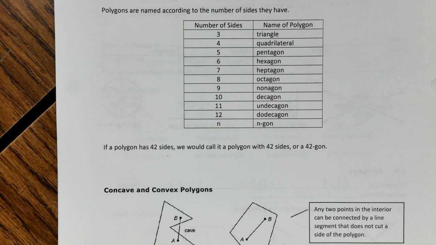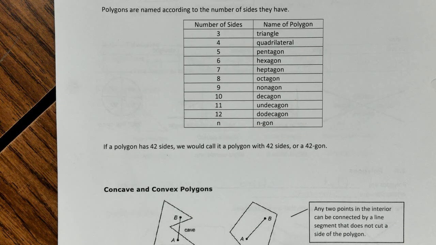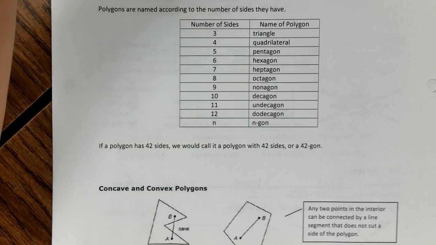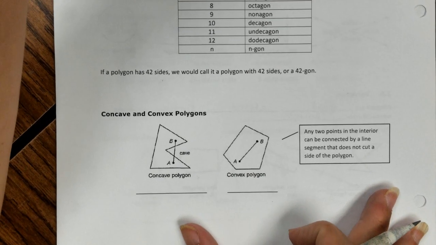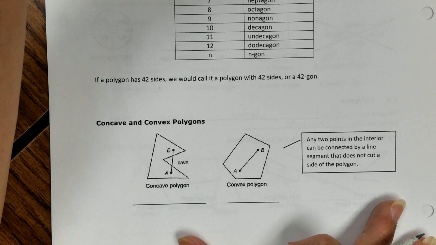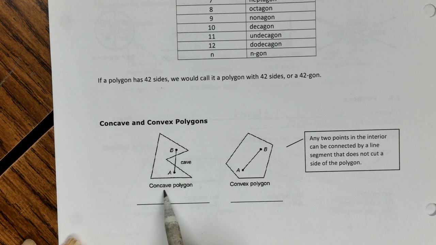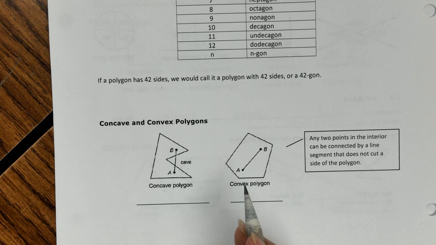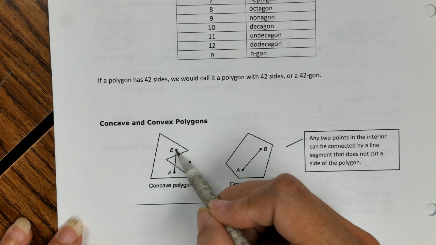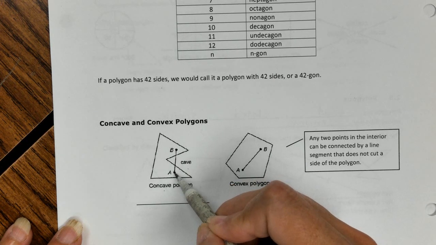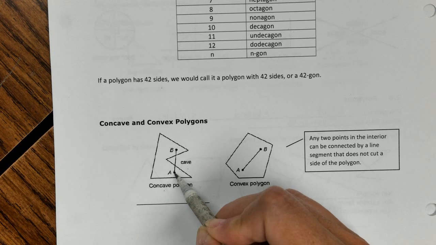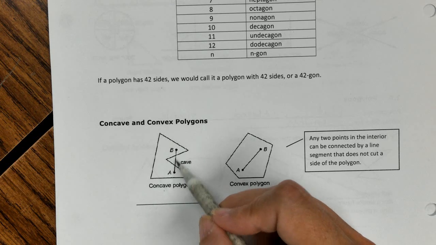Okay. That's really all we're going to do with polygons for the moment, except for talking about concave versus convex. Then we'll get into some specifics. Okay, so concave has a cave. It's got a dent. There is some segment you can draw that connects points inside the polygon, but it crosses sides.